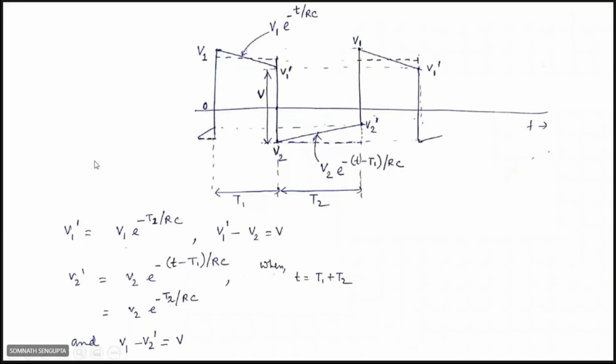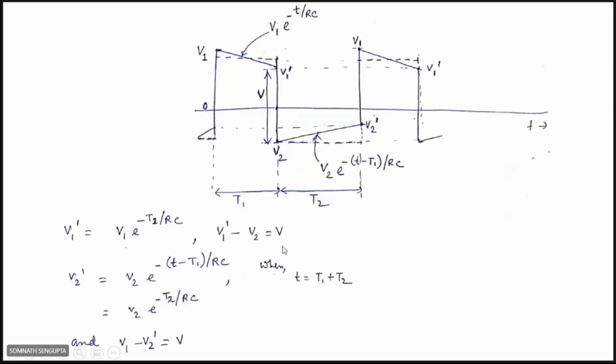We see that the square wave is getting tilted due to the response of this time constant RC, which is slightly high, so the wave shape does not remain the same.